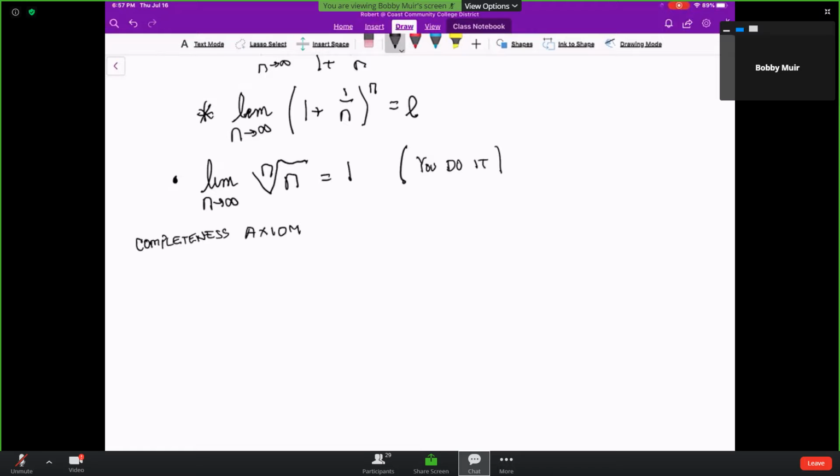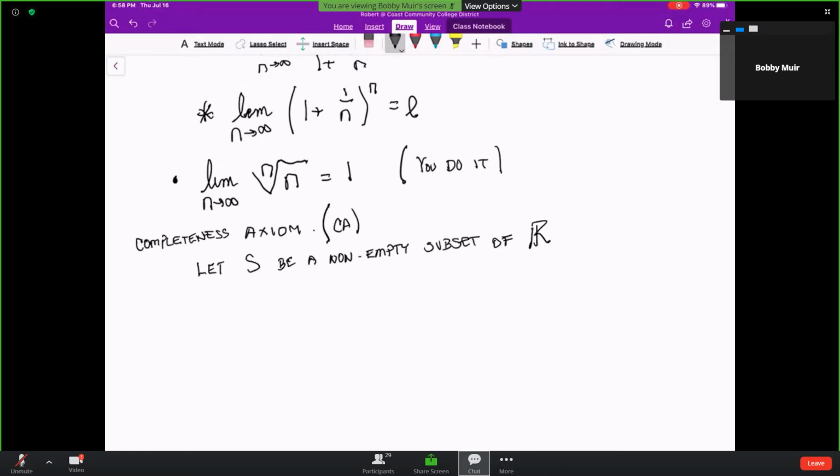Probably not. Okay, well, here's what the completeness axiom, and I'll just refer to it as CA, says. Let S be a non-empty subset of the real numbers.